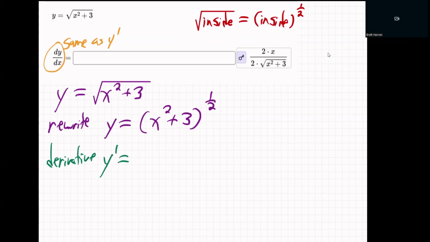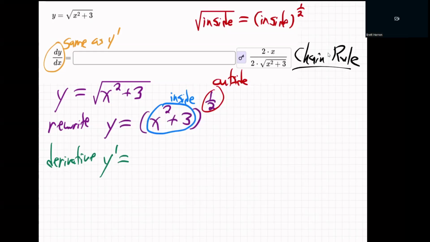Chain rule. Remember chain rule? Because this is the inside function, right? And this is the outside function. Remember how you do chain rule? Whenever you have one function inside of another, you got to do chain rule. It says if you have an outer and an inner, it doesn't matter left or right, just think outside, inside.